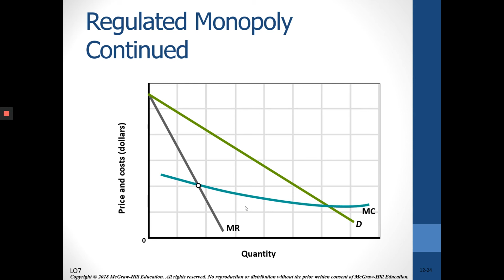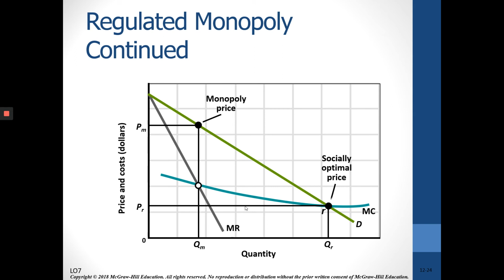The unregulated monopoly will produce where marginal revenue equals marginal cost and charge the highest price. The regulated monopoly, if they are forced to charge that socially optimal price, that would be the most efficient. They'd have to produce more, and it would be allocatively efficient, meaning the customers would have all they want at that price.